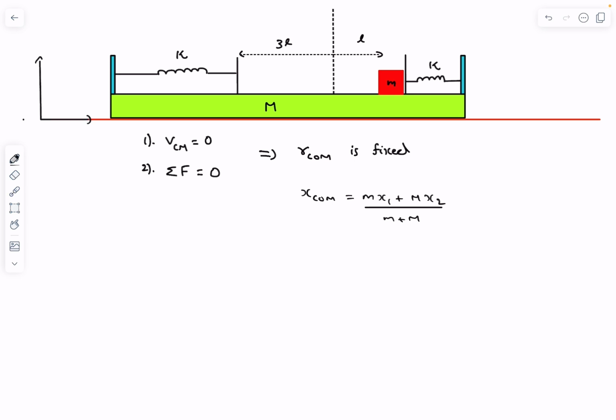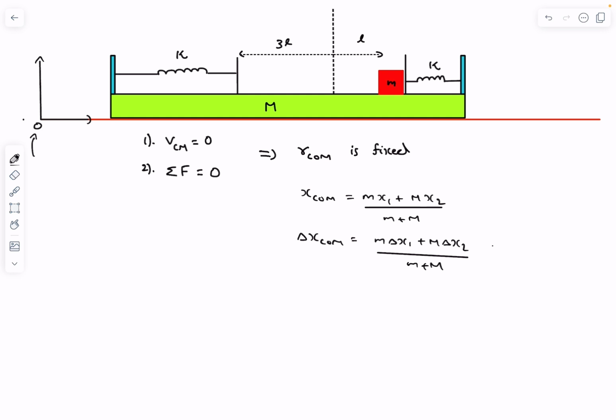We can choose the origin as we wish, so let's say the origin is somewhere over here on the ground. It doesn't really matter where the origin is, because if I take the change on both sides, delta x COM will be m delta x1 plus capital M delta x2 divided by small m plus capital M.